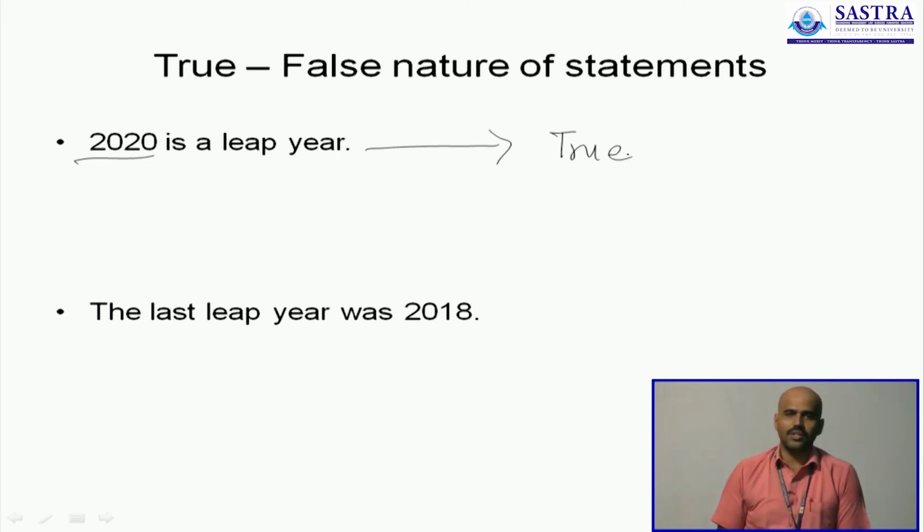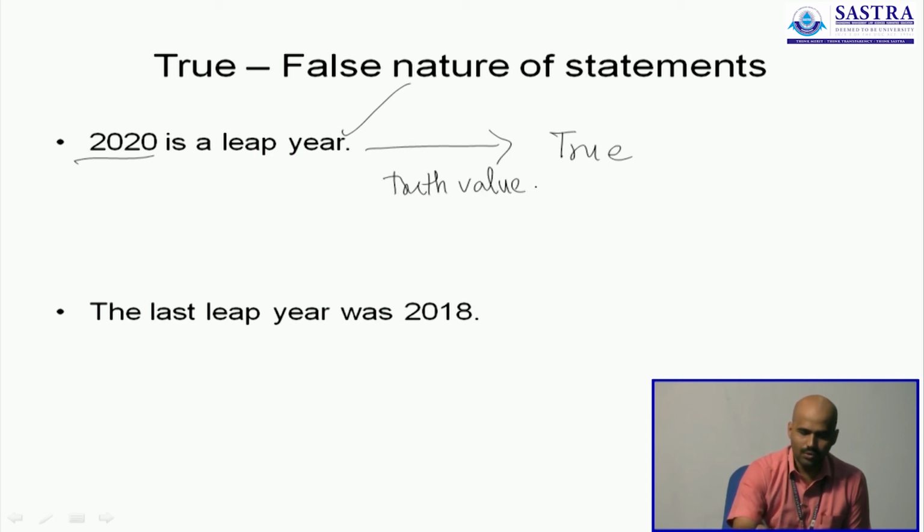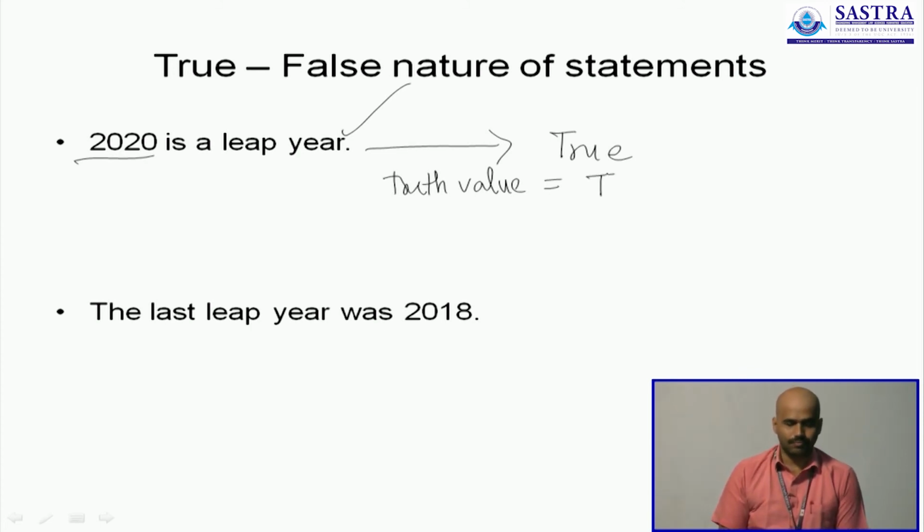We know that this is right. We have 29 days in the month of February only this year, not the one before, not the one after, but only in 2020. So this statement is true, and therefore its truth value is true. We will denote it by the letter T.